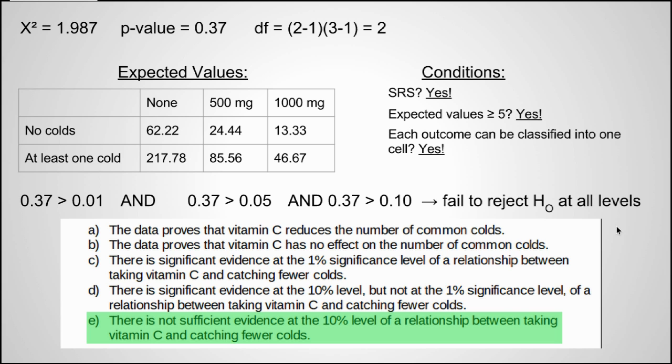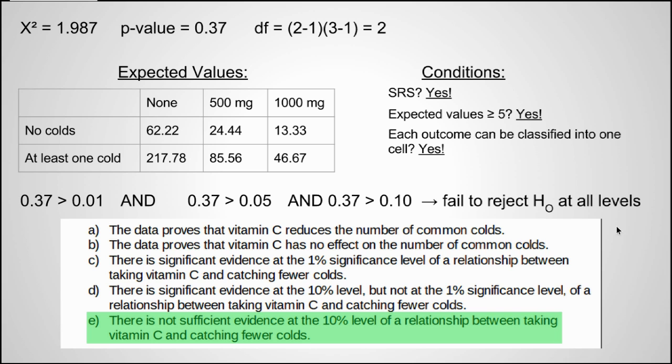Right now, we only know that they're not independent. It wasn't B because the chi-squared test of independence only tests whether the two variables are independent or not independent, and not if there is a causation of one variable due to the other. So again, similar to A.